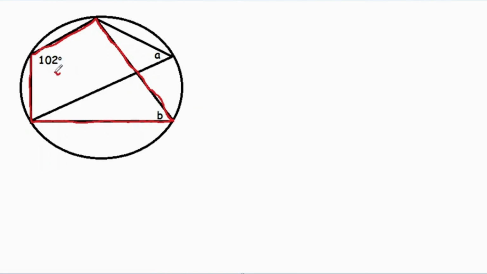So we have 102 degrees opposite to angle B. So the sum of opposite angles in a cyclic quadrilateral equals 180 degrees. So we'll subtract 102 from both sides of the equation. And what are we going to have? This will give us 0. B equals 180 negative 102, and that's going to give us 78 degrees.